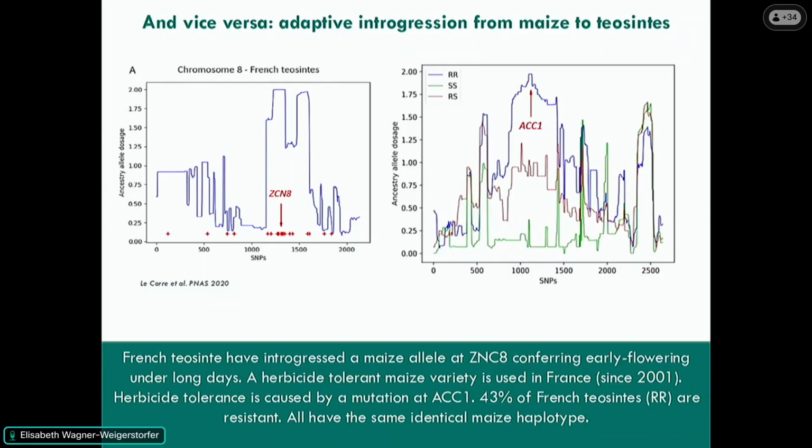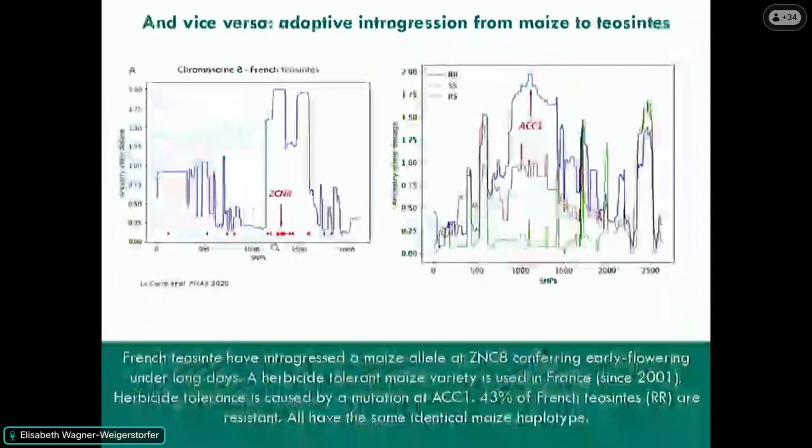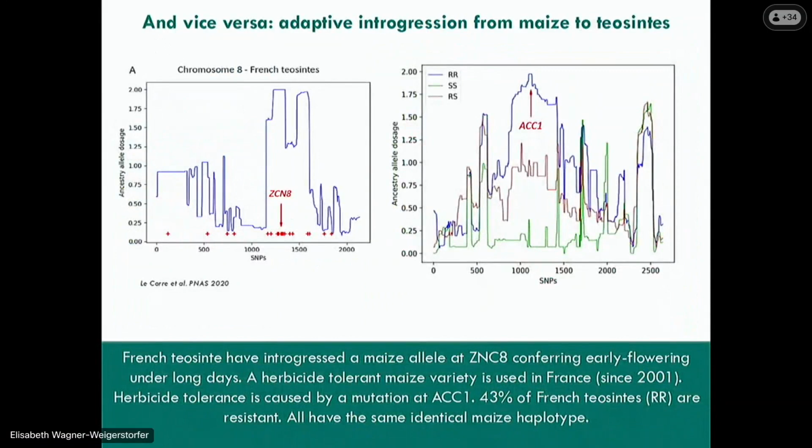Then we used a software called ELAI to infer the ancestral allele dosage from maize to these French teosanthes. So you have here the French teosanthes in blue, and that tells you how much they are maize. And you can see that here there is a cluster of candidate loci that have been under selection. This cluster encompasses a gene that is called ZCN8, which confers early flowering under long days.